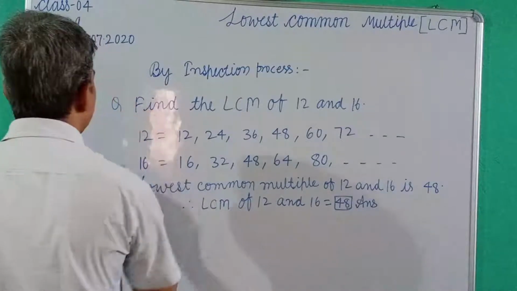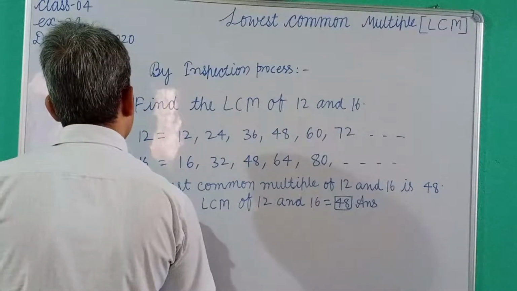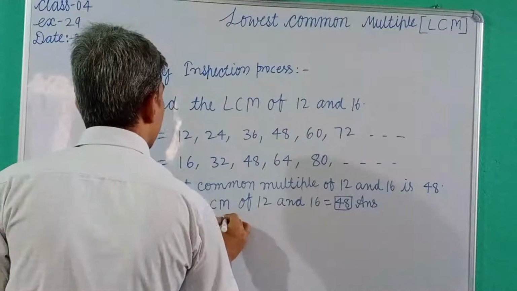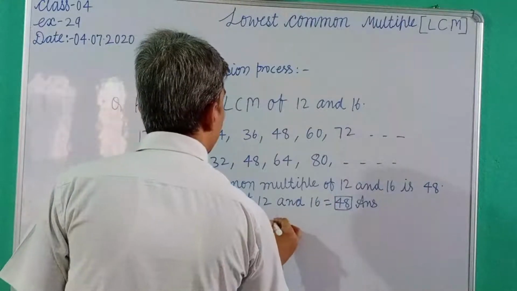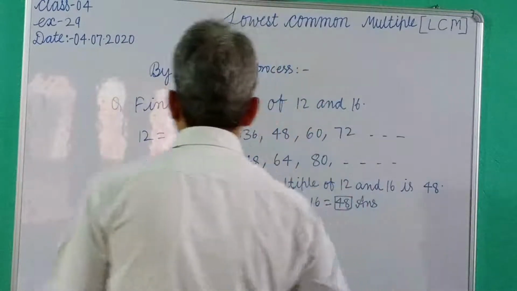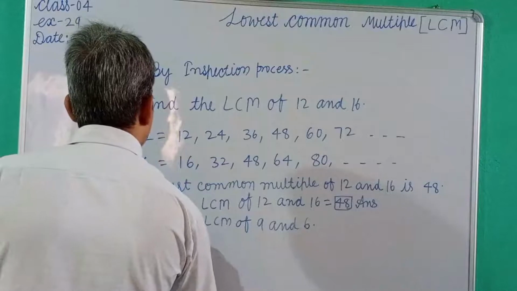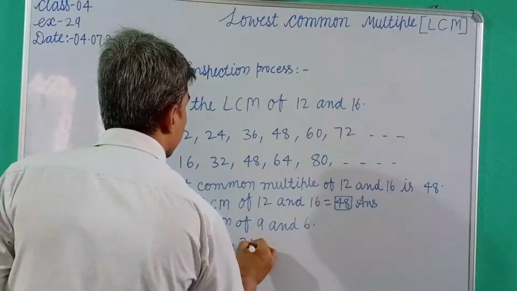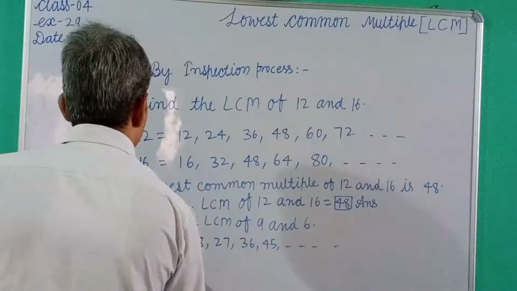Another example I have taken. Find the LCM of 9 and 6. Repeat again: table of 9 and table of 6.